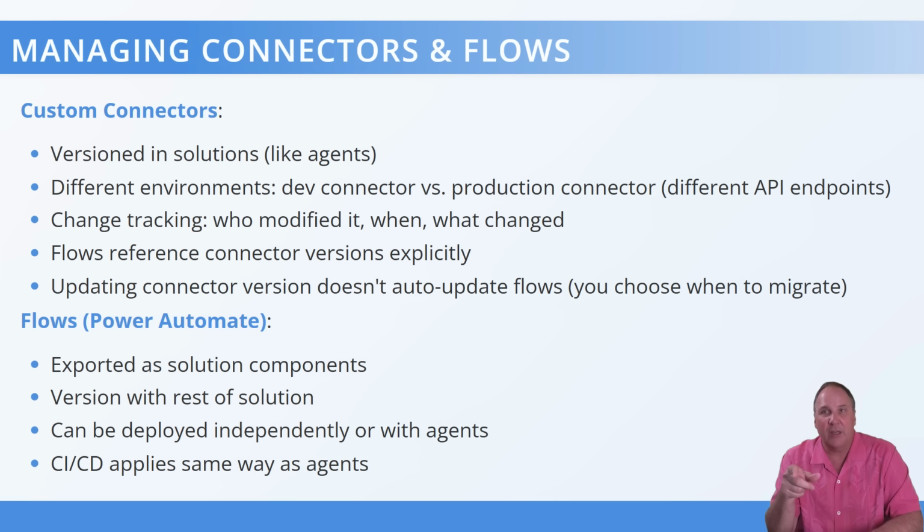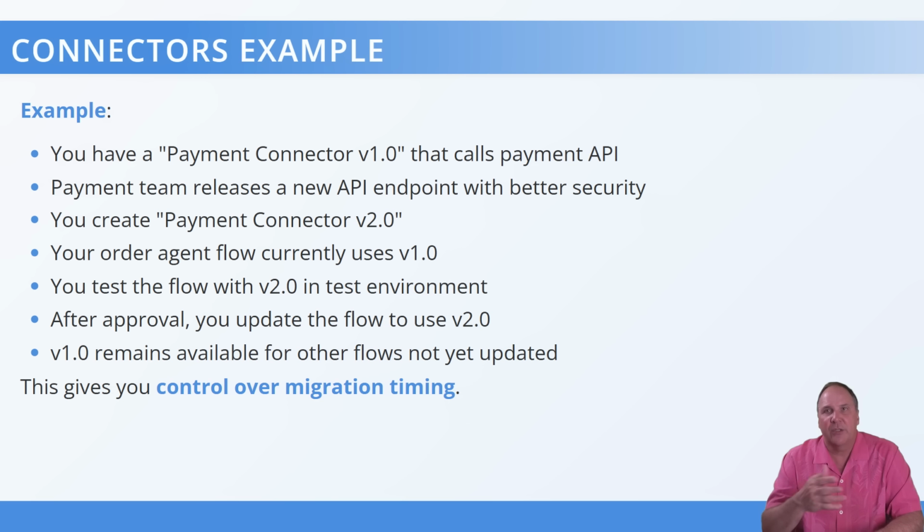If you update a connector version, all flows are notified. You test them, and you update them, and you deploy them. Now, here's the critical part. If a flow uses connector version 1.2 and you release connector version 2.0, that means a breaking change. That flow doesn't automatically break. It still uses 1.2 until you explicitly update it.